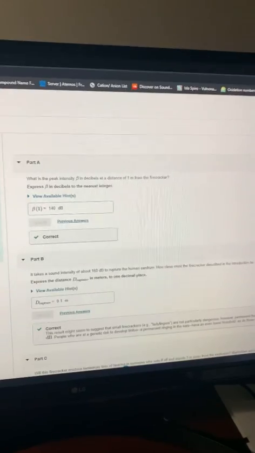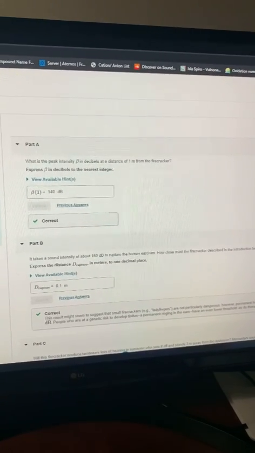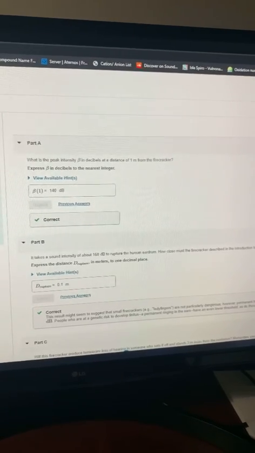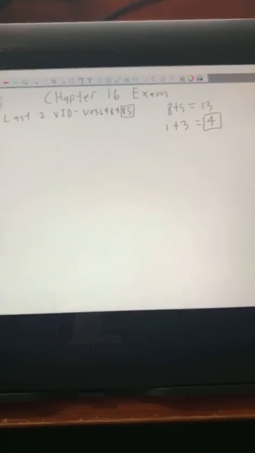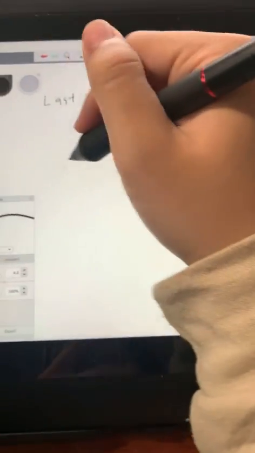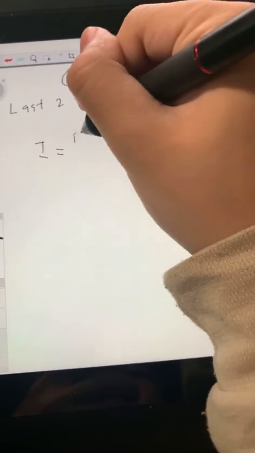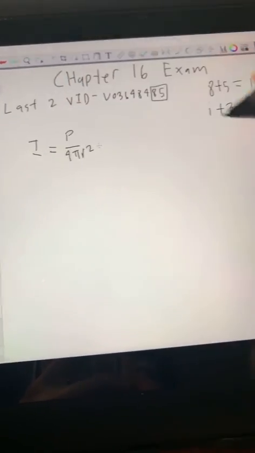So, the first part of our question asks, what is the peak intensity beta in decibels at a distance of 1 meter from the firecracker? To solve this, first we have to convert to the intensity in watts per meter squared that the firecracker is emitting. In order to do this, we would use the equation I equals P over 4 pi r squared.